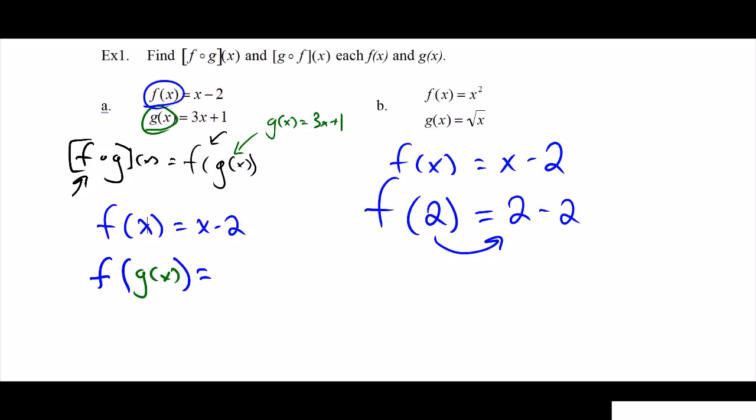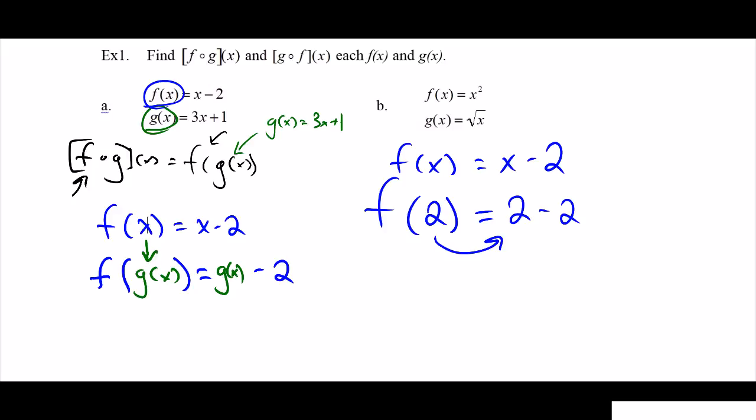is equal to our f function. So it's going to be our x minus 2. But whenever we see an x, we replace it with a g of x. So this is going to turn into a g of x minus 2. Now that may be a little bit confusing, but what is our g of x equal to?